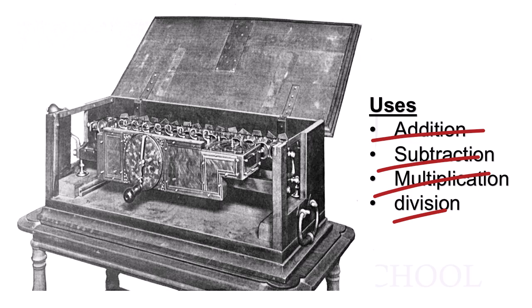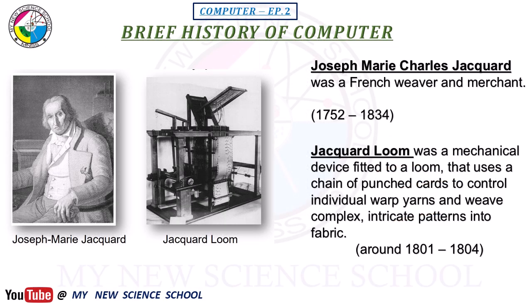Then another invention by Joseph Marie Charles Jacquard. This man invented a machine called the Jacquard loom. This machine was primarily invented for the textile industry. This machine used punch cards. Punch cards were used for making different designs on fabrics.